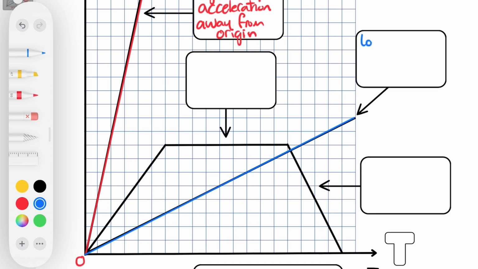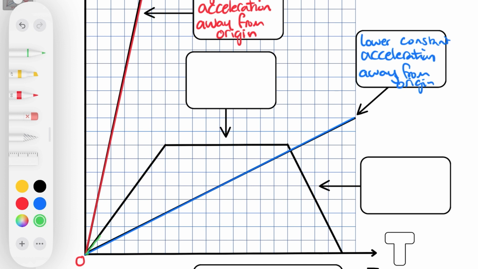So this is a lower, once again, straight line. It's constant acceleration and also away from origin.